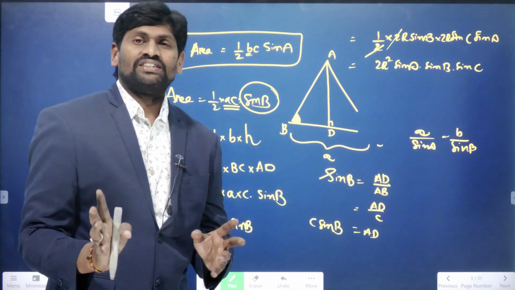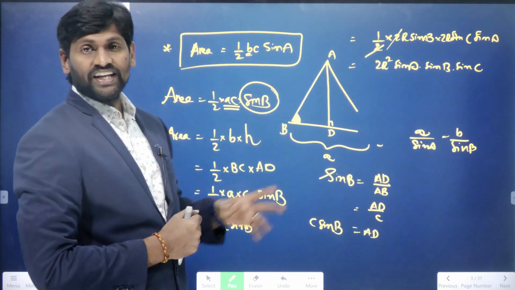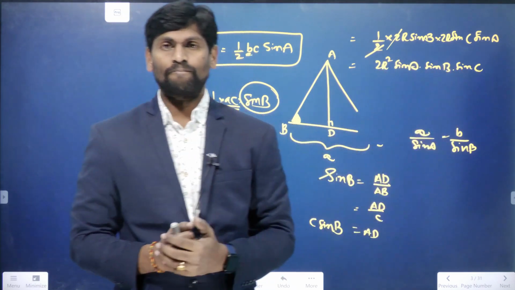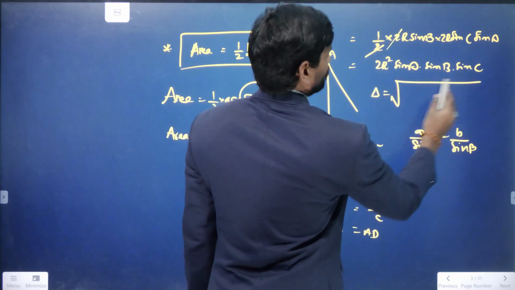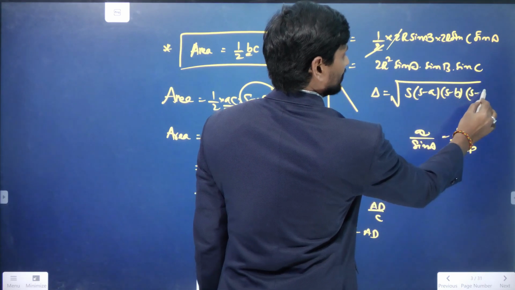Until now we discussed two formulas for area of triangle: half bc sin A, and second, 2r square sin A sin B sin C. And we also have one more formula: area of triangle is equal to root over s into s minus a into s minus b into s minus c.